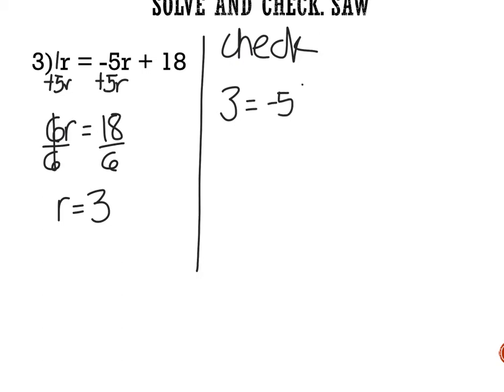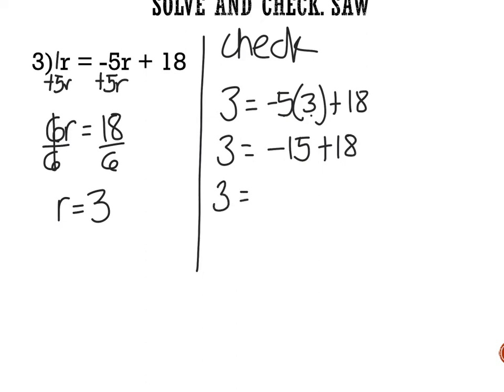Negative 5 times 3 plus 18. Bring my 3 down. Negative 5 times 3 gives me negative 15 plus 18. Negative 15 plus 18 equals 3. My answer checks out. R equals 3.